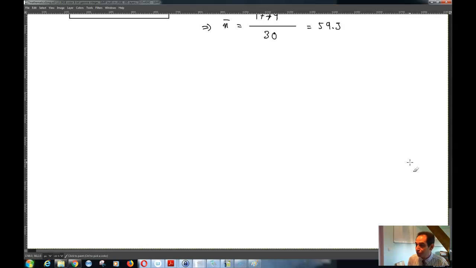So we have ungrouped data, and we need to convert it into group data so that we can work on it.